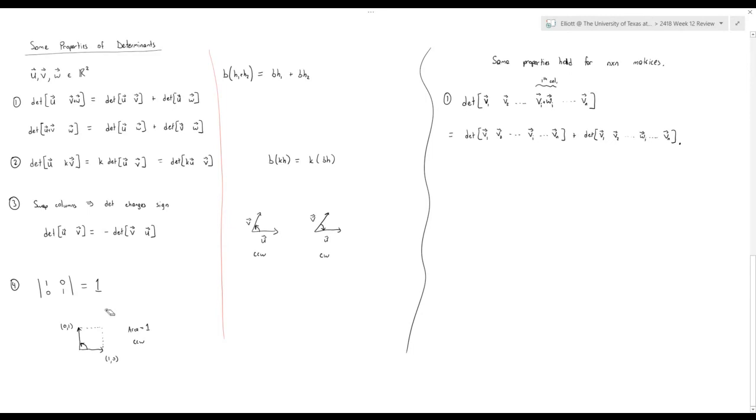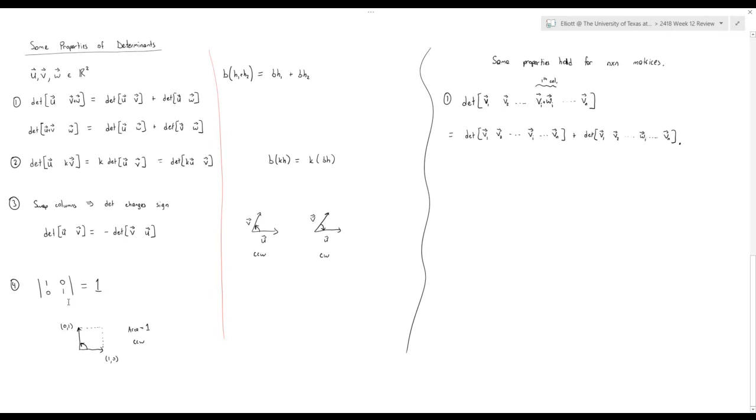And lastly, the determinant of the n by n identity matrix will also be positive 1. The idea being the columns of the identity matrix will still give you a unit cube, even in n dimensions. And I guess we defined the orientation of that to be the positive orientation.